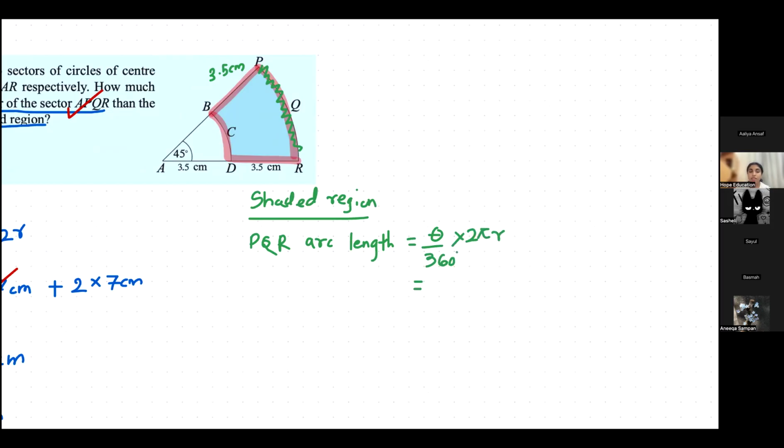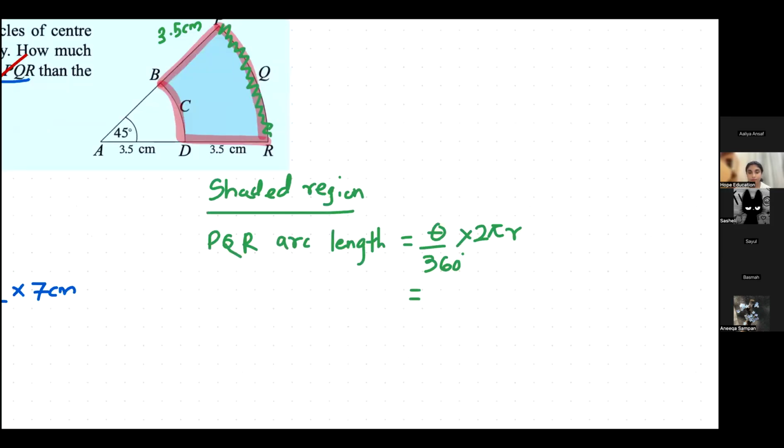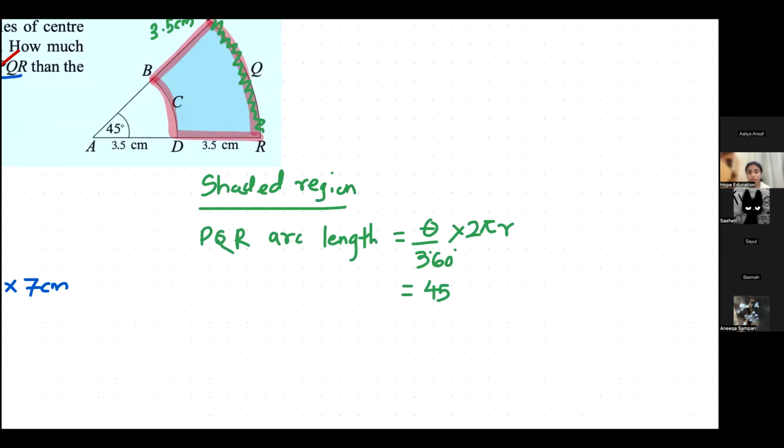If you take this arc PQR, what is theta? 45 degrees. Yeah, it is still 45 degrees because that belongs to this sector, no? Divided by 360 multiplied by 2 pi, which is 22 over 7. What is R?